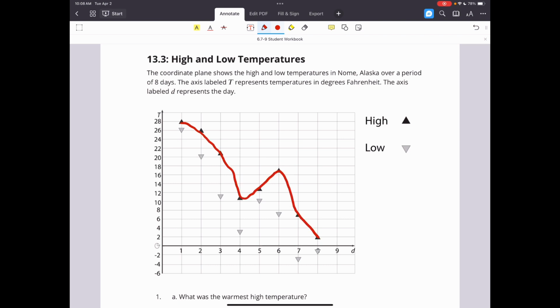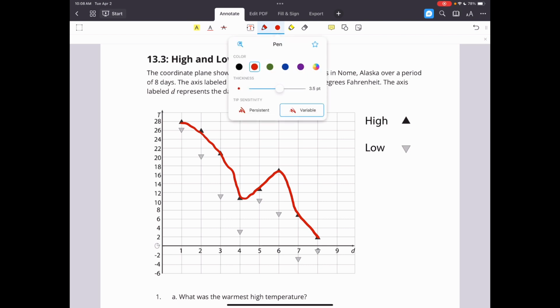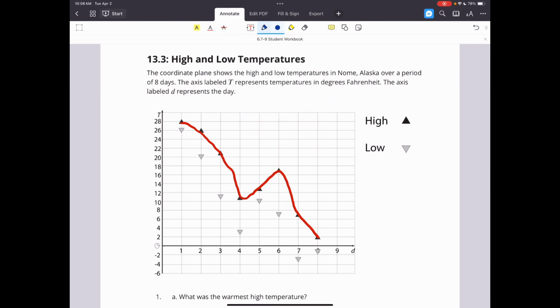That's how they do it on the TV. They also usually take the low temperatures, and they will connect the low temperatures in a blue color, because blue means cold. And so they show you the difference of the highest temperatures versus the lowest temperatures, and they actually kind of move together, because the higher the high is for the day, usually the low temperature for the day is going to be pretty close to it. We don't have huge swings unless you live in Michigan, and then it's always cold and it's miserable.